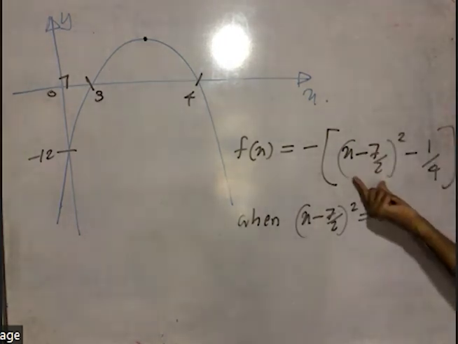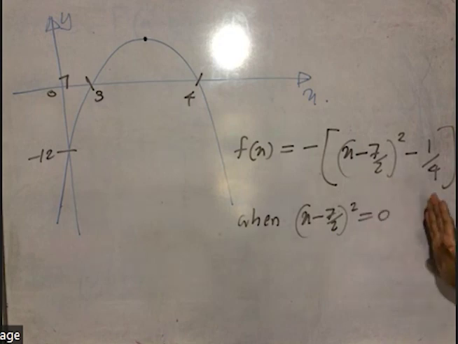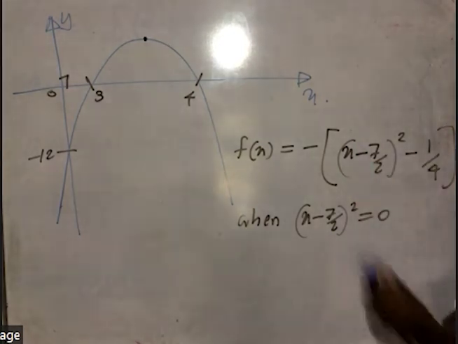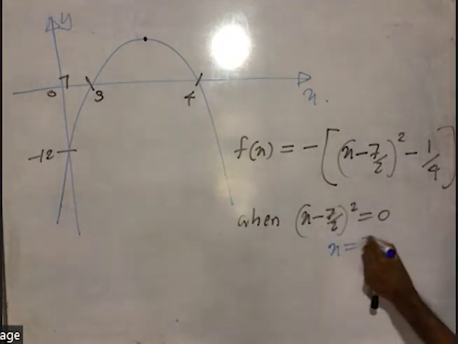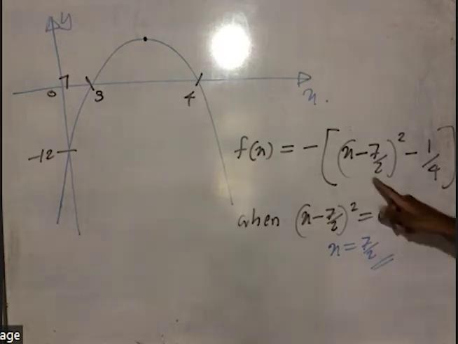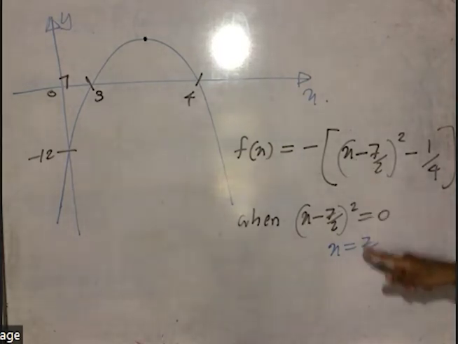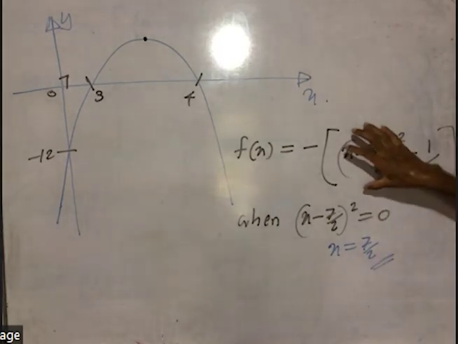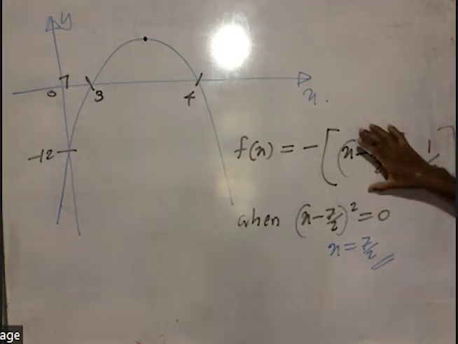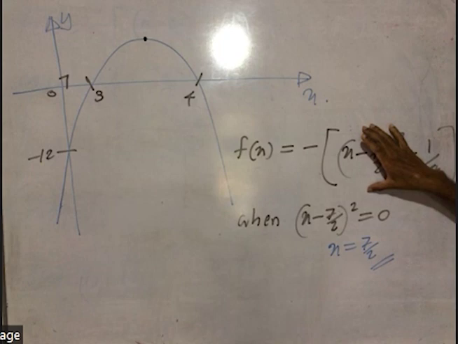Right? So if you make this one 0, then x will become 7/2, right? If this part is 0. So if you write down a value other than 7/2, there will always be a positive value here.